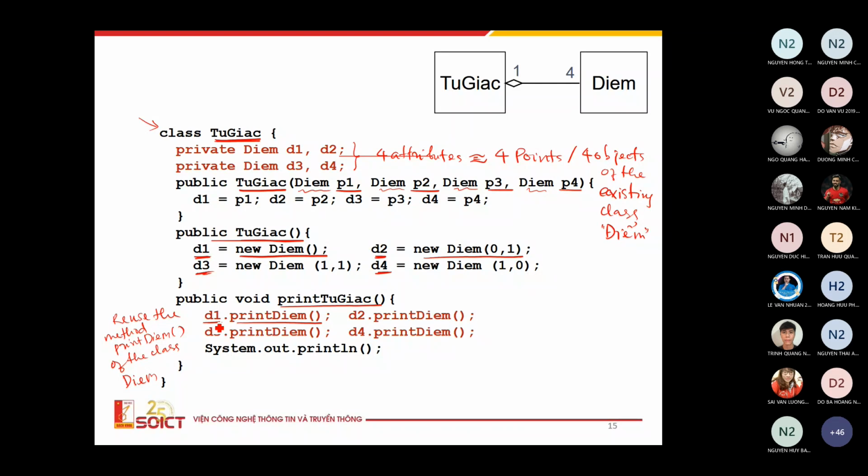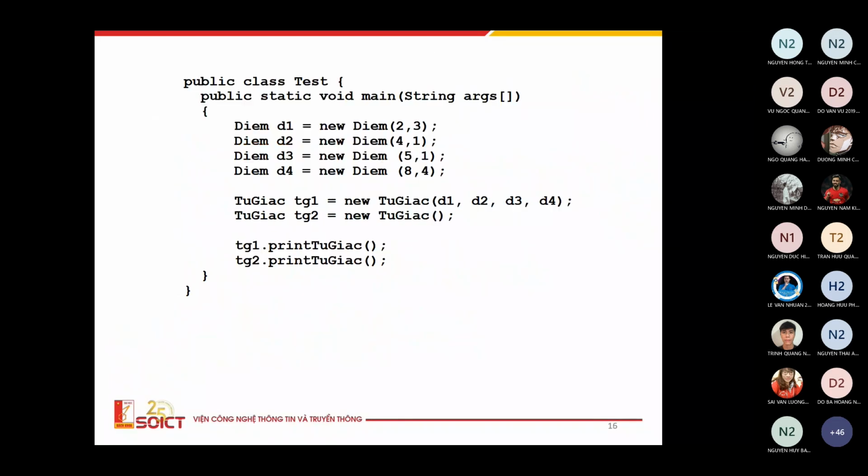Here you call print điểm of the objects D1, D2, D3, and D4. Yeah, this is the way you reuse the method of the existing class. Is this clear? I think it's not hard in this part. We just declare a new object inside a new class.